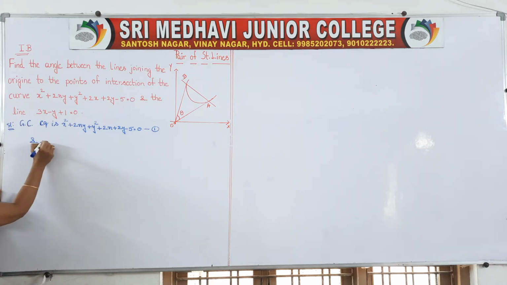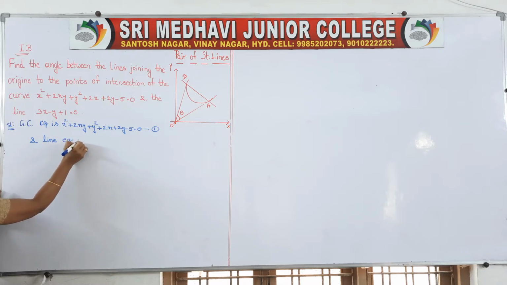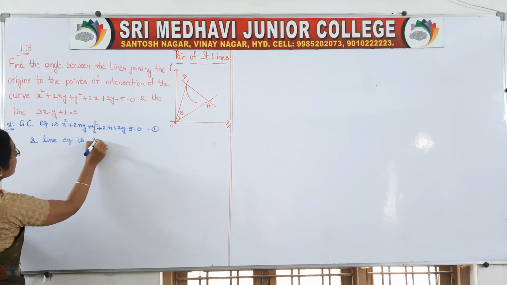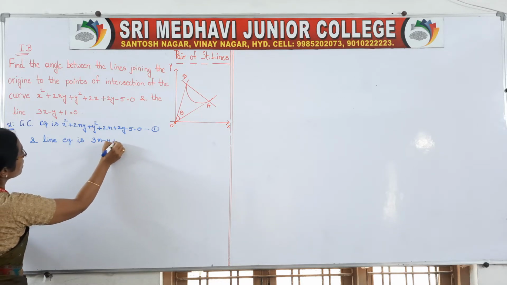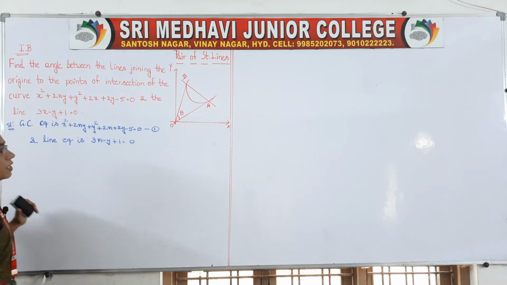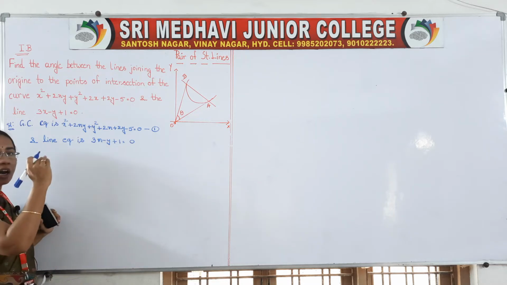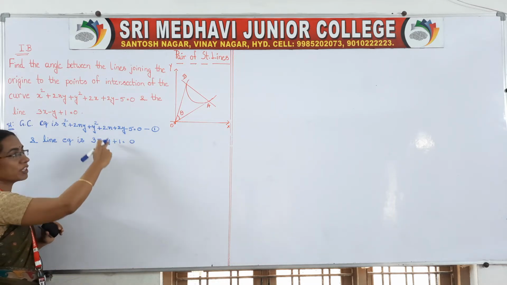And the line equation, what is your line? That is AB, 3x minus y plus 1 is equal to 0. Now we have to homogenize the curve with this line.